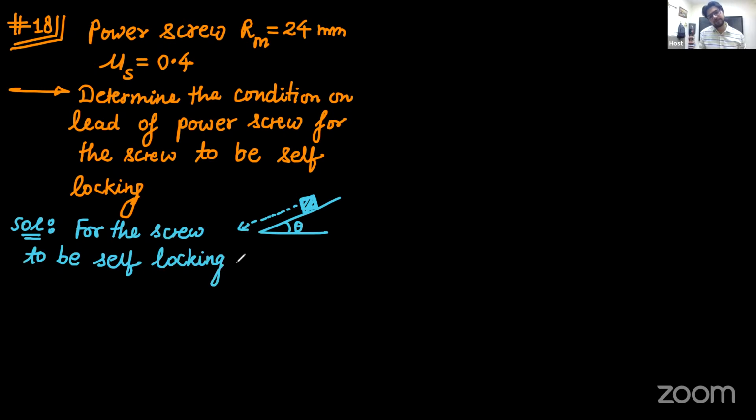For the screw to be self-locking, theta must be less than phi s. But I don't know how to calculate theta.